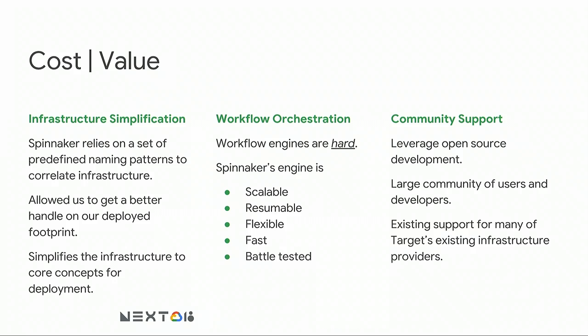It also has a really, really good workflow orchestration engine. And if you've ever implemented a workflow engine of any kind, you know that they're hard. So Spinnaker's engine is very scalable. It supports resuming in error conditions or even restarts of it. It's flexible, it's fast, and companies like Google and Netflix are using it to drive giant deployments across their organizations. So we know it's battle tested and it works well.